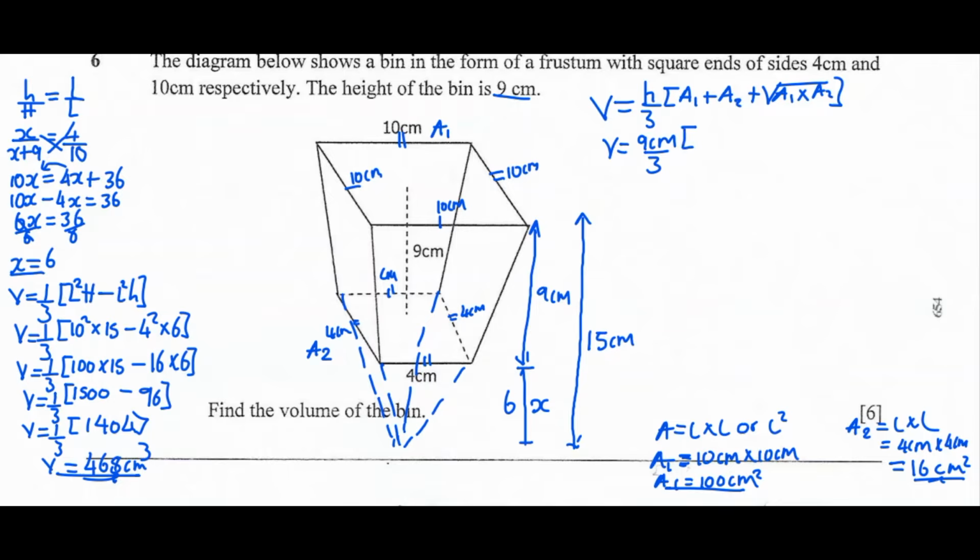Then area 1 we said is 100 centimeters squared plus area 2 is 16 centimeters squared plus, then here we are going to have 100. You can just ignore the centimeters squared, since centimeters squared times centimeters squared will give us centimeters raised to the power 4. The square root of centimeters raised to the power 4 will be centimeters squared, so we can just ignore that.